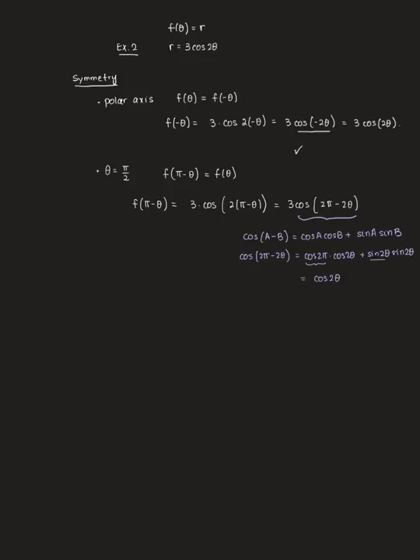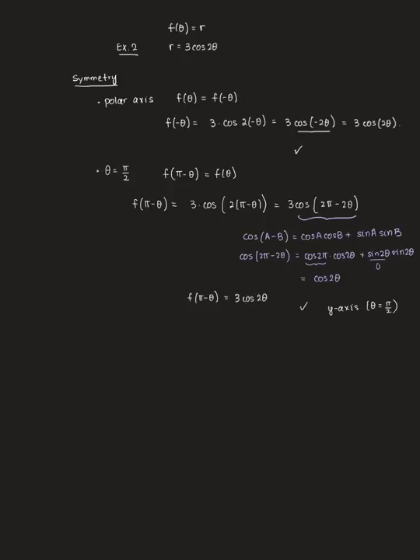And sine of 2 pi is 0, which means this is exactly cosine 2 theta. So we have that f of pi minus theta gives us 3 cosine 2 theta, which means we also have symmetry over the y-axis, or the line theta equals pi over 2.